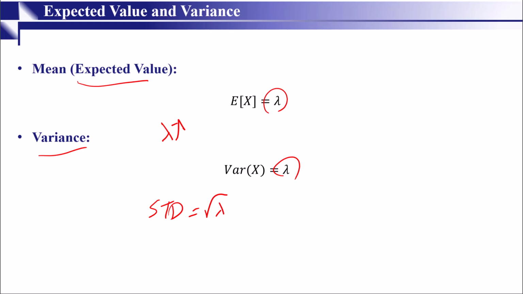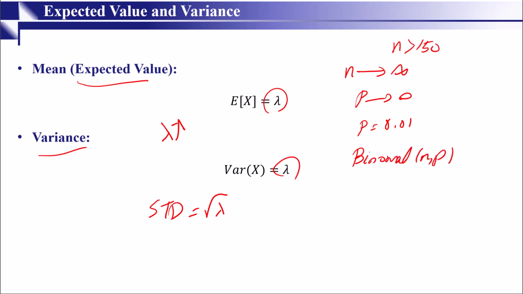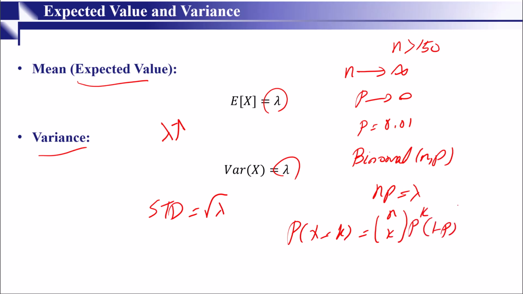The Poisson distribution is a kind of limiting case of the binomial distribution. So if n goes to infinity, meaning a large one, for example n greater than 150, and p goes to 0, for example p is equal to 0.01, then a binomial of n and p such that np is equal to lambda, this remains constant, and the probability of X equal to k is combination of n and k, probability of success to the power of k, and probability of failure to the power of n minus k.